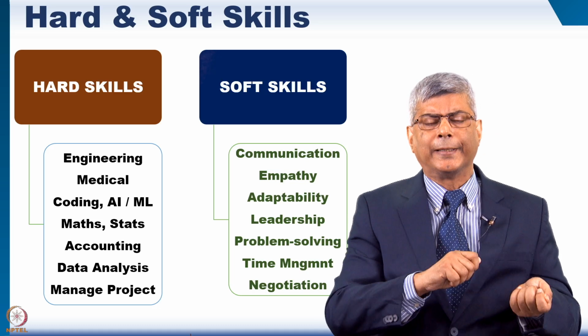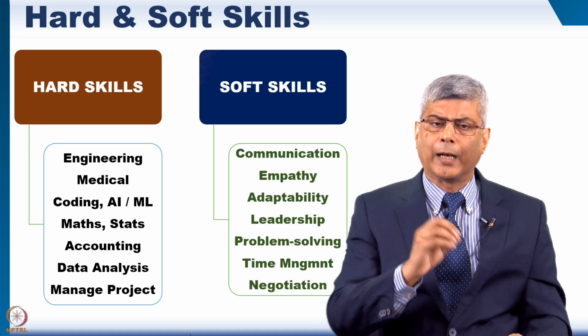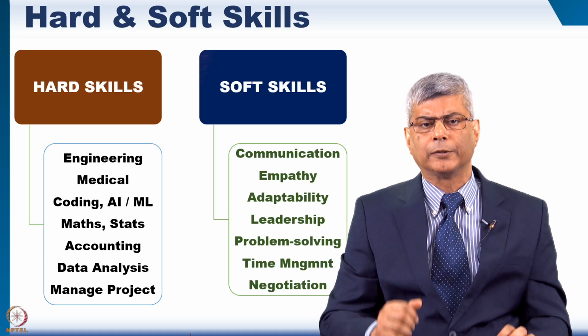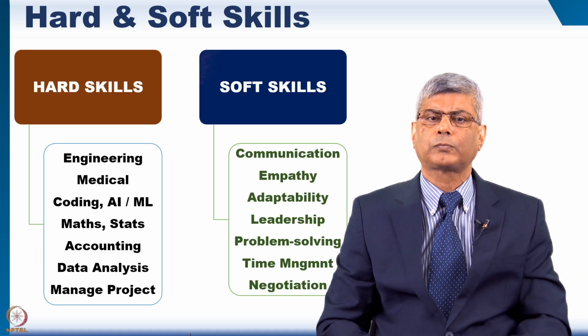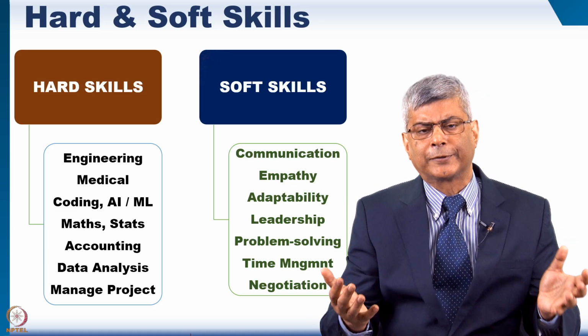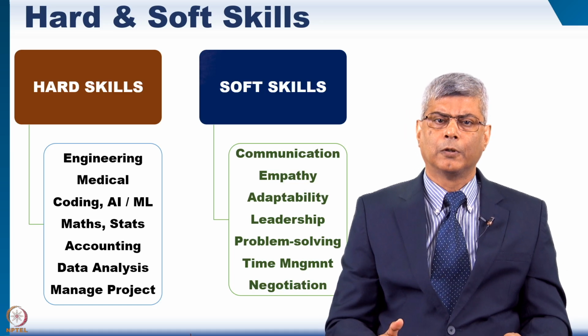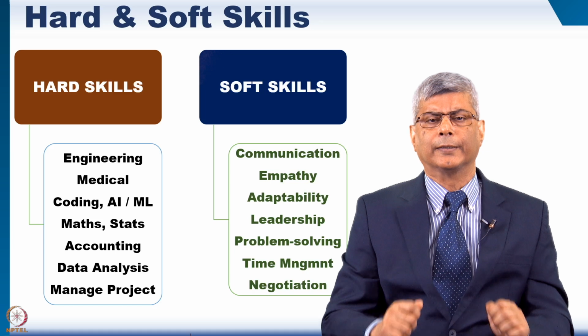Going to the lab and doing experiments, writing a program, accounting, preparing a financial statement, doing data analysis. These are hard skills. But a lot of people fail because they don't have the soft skills: the ability to influence and work with others.